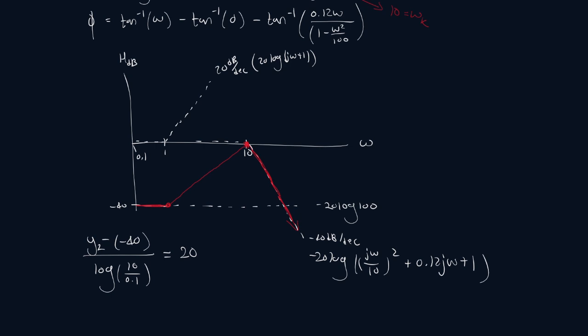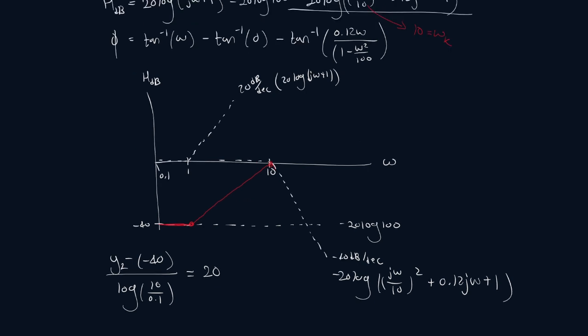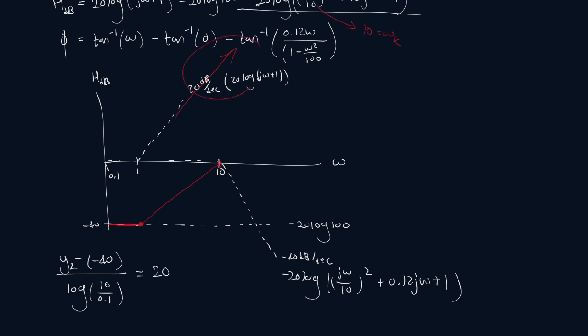So this is 20 decibels. Wait, sorry, made a mistake. We don't drop at 40 decibels per decade because see how this one's still going up in that direction. So we have to add the slope of this with the slope of this. So the slope of this is 20, and add the slope of this, which is minus 40.